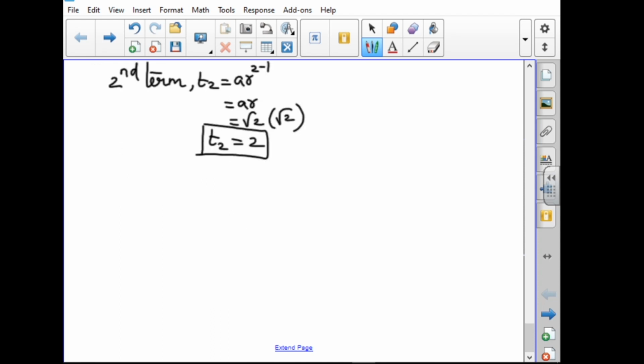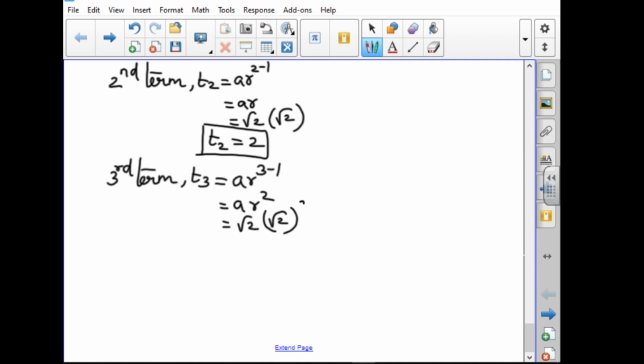Now you find the third term. So third term, it is denoted by T3. The formula is A R power 3 minus 1. That is A R square. A is root 2. R is root 2, whole square. Root 2 whole square, the answer will be 2. So root 2 into 2, the value will be 2 root 2.